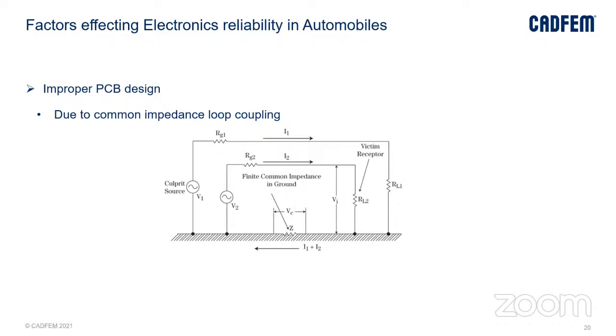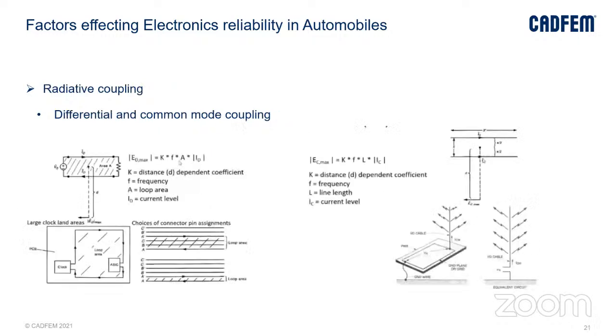Because of this, currents are changing within the circuit, which is not expected, and which can result in a current change in the entire structure, the entire system as well.